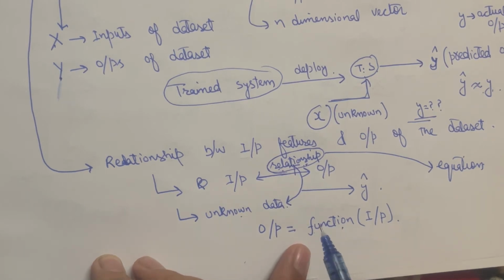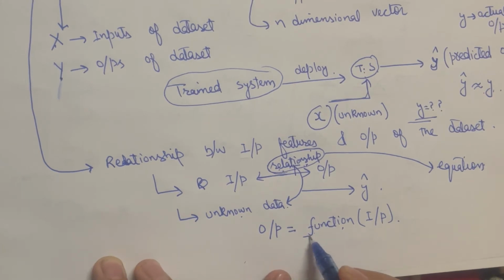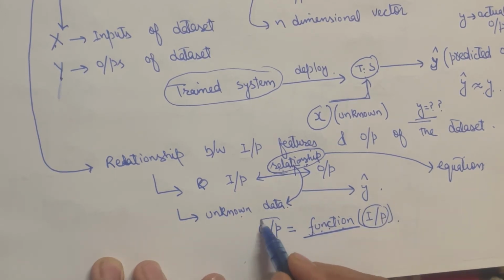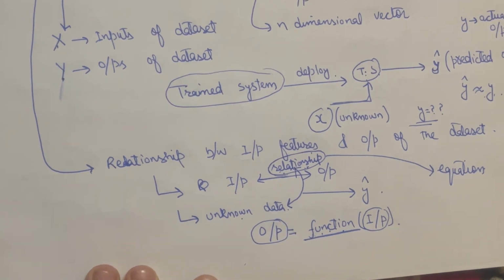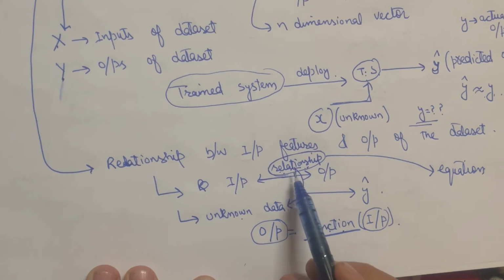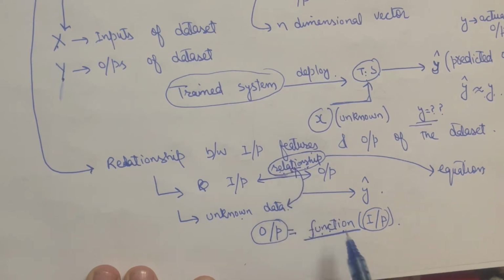So that means when we are training our system, we are trying to find this particular relationship, or we can say find this particular function that maps input and output together. But you have to keep in mind that it is not always possible to find a function that correctly maps input to the output.